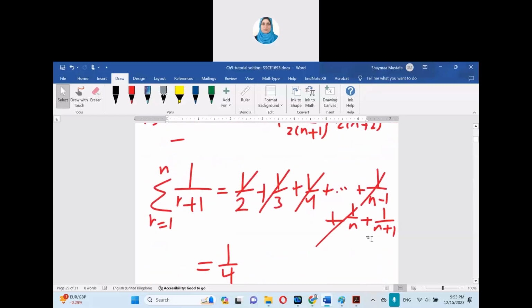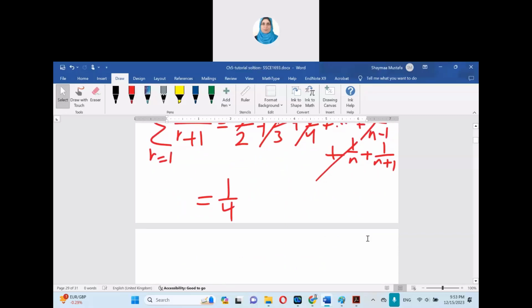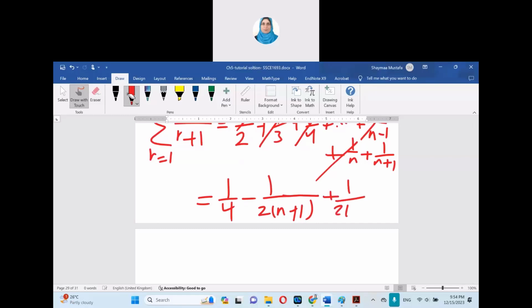So here we have minus 1/(2n+1) and plus 1/(2n+2). This is the result. Same idea for 2D. Same idea for 2C, 2D.